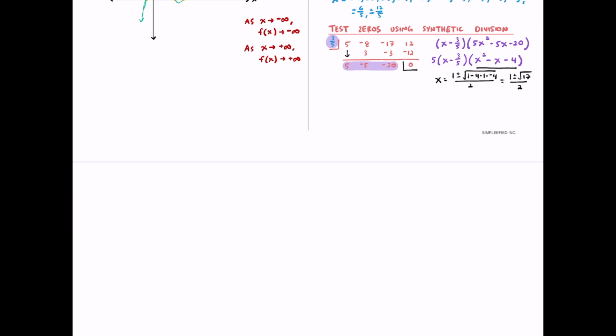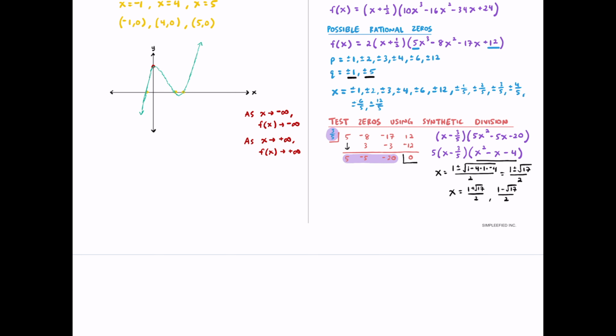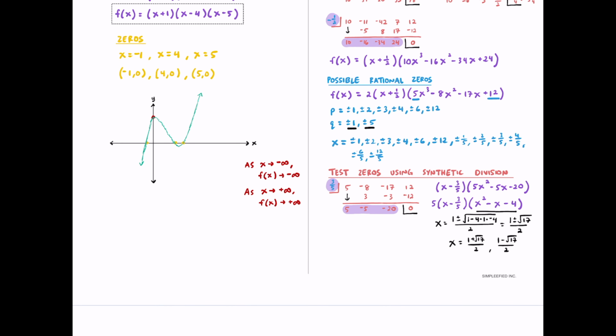Okay, so from here, we're going to have zeros: x is 1 plus the square root of 17 over 2. That's going to be one of our zeros, and then 1 minus the square root of 17 over 2. All right, so do we have all our zeros here? We could have had potentially up to 4. We do have one of the zeros from this -1/2.